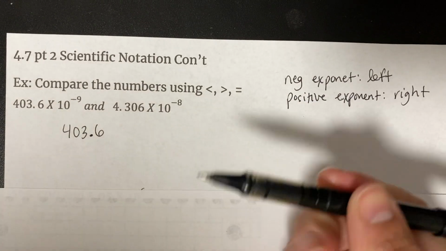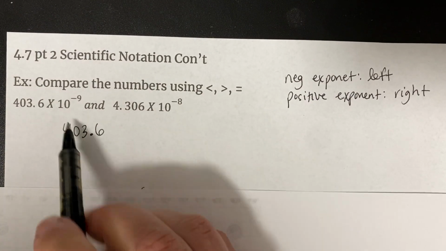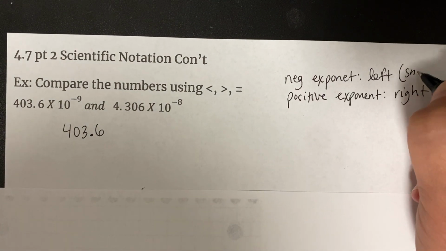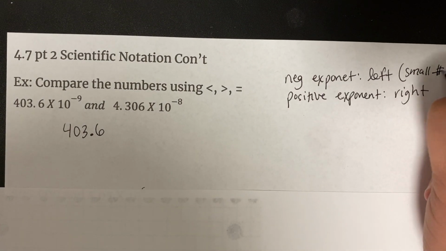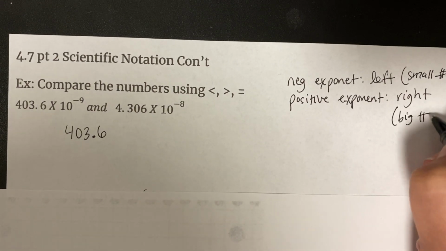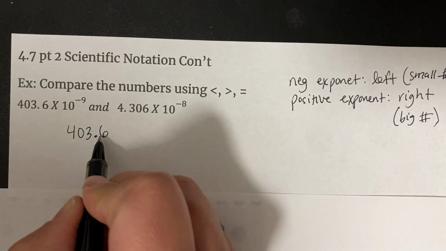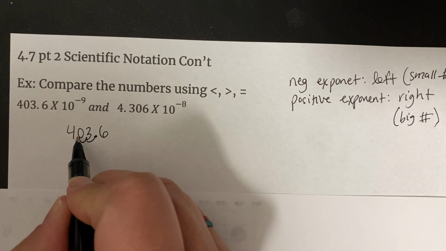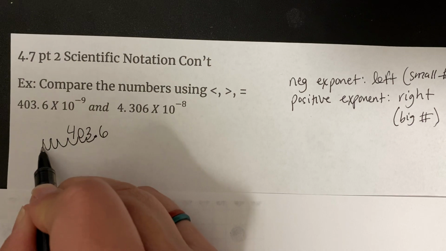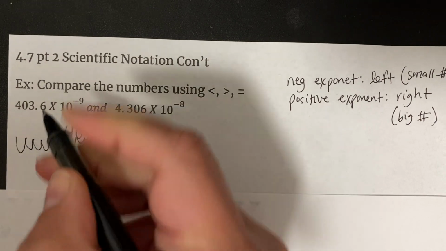It would make sense because left is our smaller numbers. Negative exponents mean small numbers. And positive exponents are big numbers. Okay, so 9. 1, 2, 3, 4, 5, 6, 7, 8, 9.